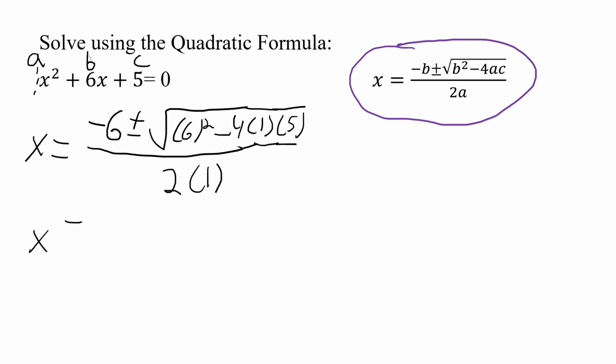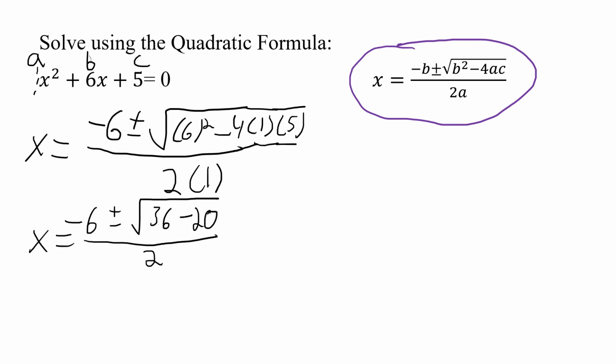The negative 6 we'll leave alone for now, negative 6 plus or minus. 2 times 1 on the bottom, well, we know that to be 2. 6 squared, we know to be 36. And 4 times 1 is 4. 4 times 5 is 20. I just simplified some of my terms. I simplified the squaring and the multiplication real quick.